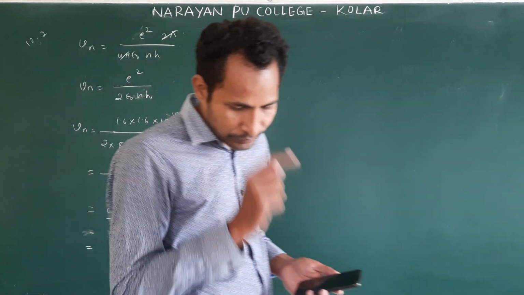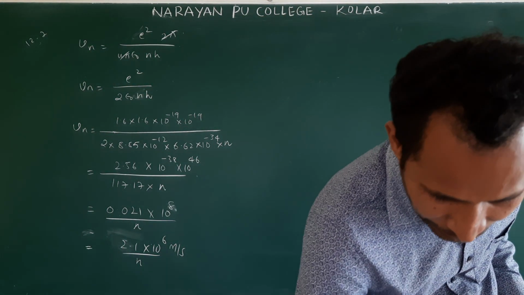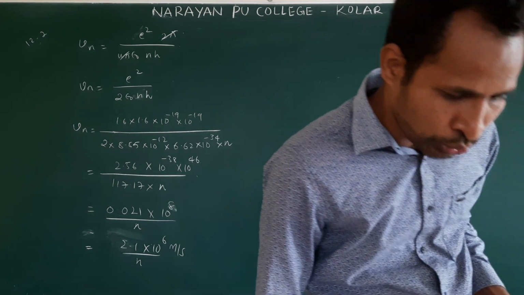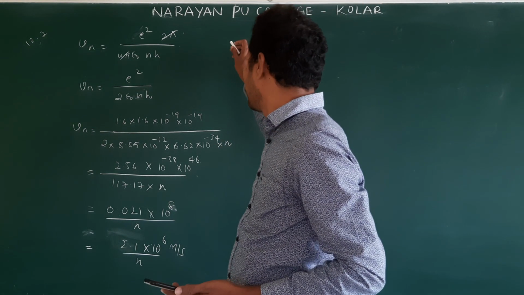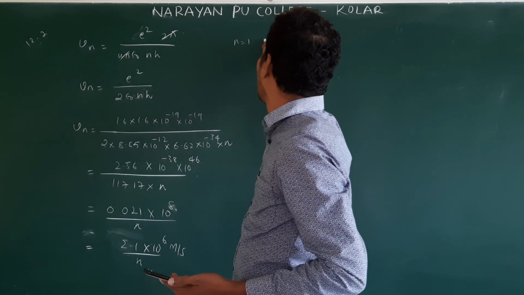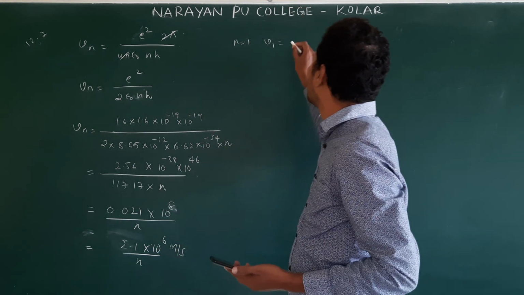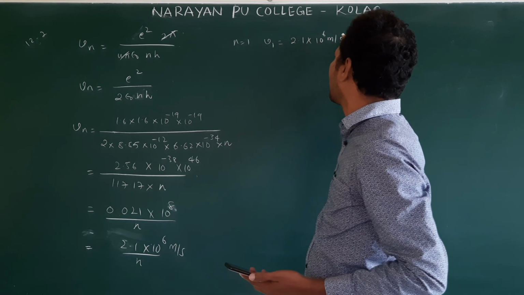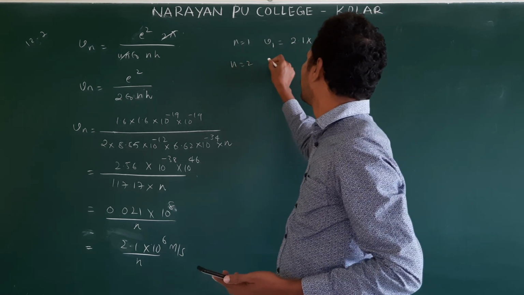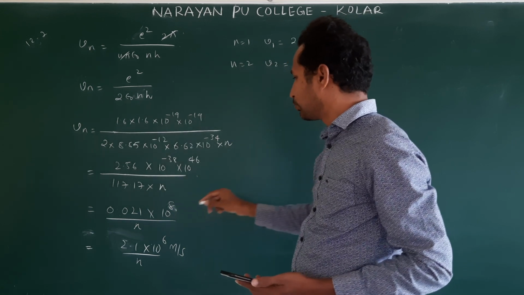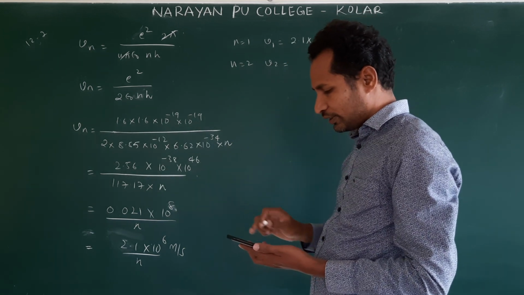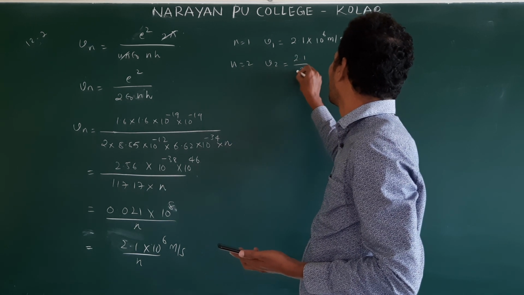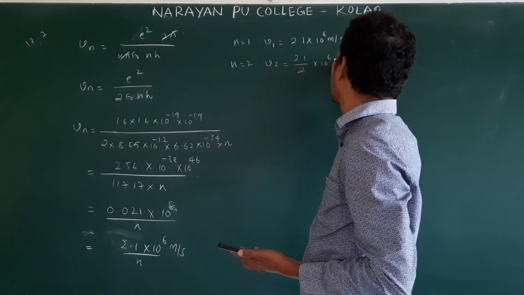According to this, which velocity did they ask? For n is equal to 1, 2 and 3. When n is equal to 1, v1 is equal to substituting 1: 2.1 into 10 power 6 meter per second. N is equal to 2, V2 is 2.1 divided by 2 into 10 power 6 meter per second.